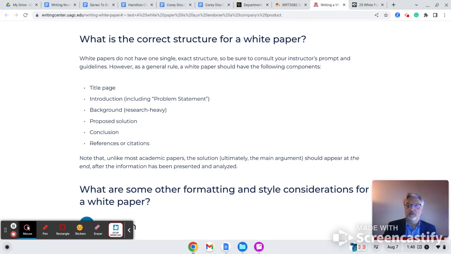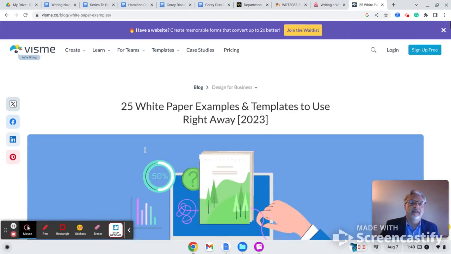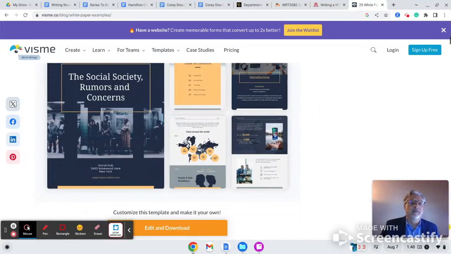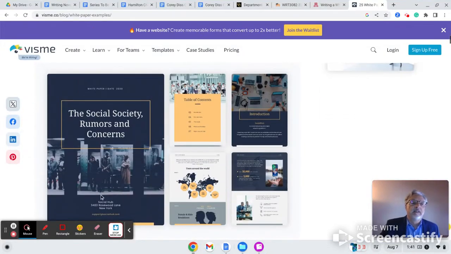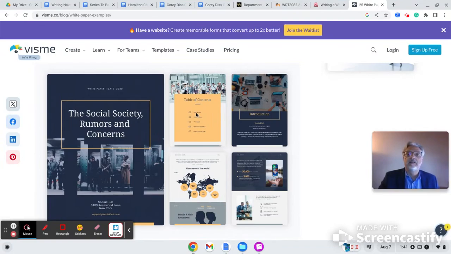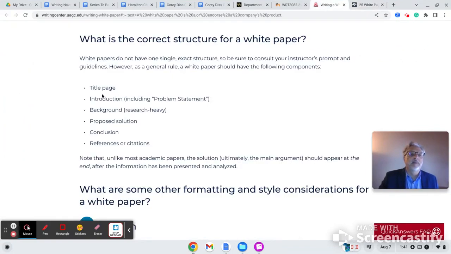Title page, I think that's pretty obvious. Recall, if we go back here to look at these VisMe white paper examples, we'll just stop and look at the first one. Here's a title page, right? Some of these have volume numbers and maybe issue numbers, but you don't have to have that. Something that's just professional looking is fine. And then this one has a table of contents.